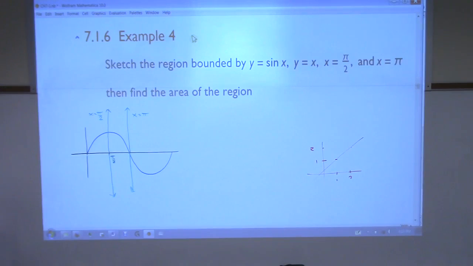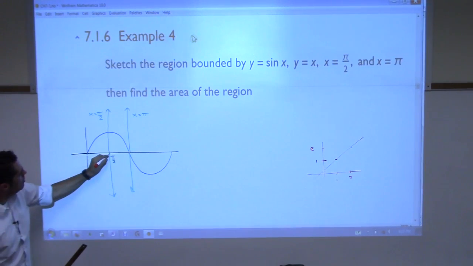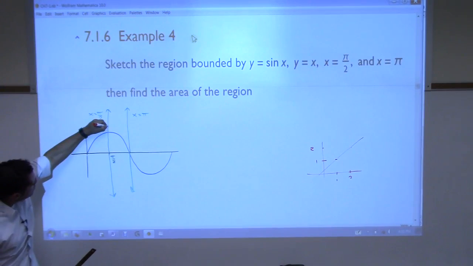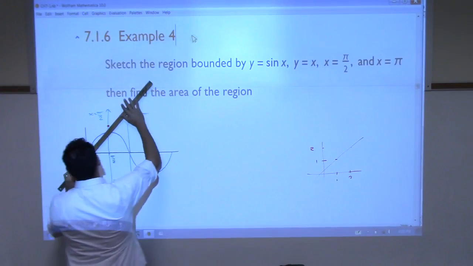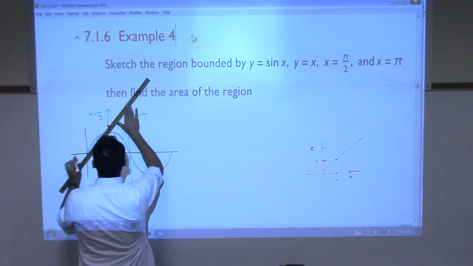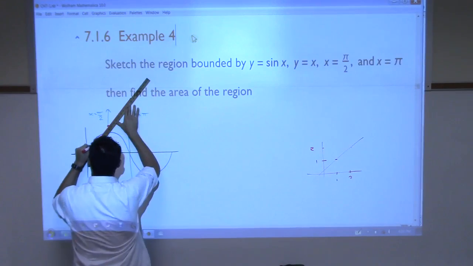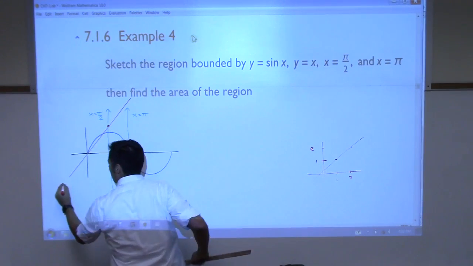Pi divided by 2 on a calculator is like 1 point something, bigger than 1. And what do we know about this sine curve? That's 1, right? So I know that when I go to pi over 2 and draw up, I should be above it somewhere, like this. And of course we know it goes through the origin. So my graph is going to be something like this. That's my y equals x.